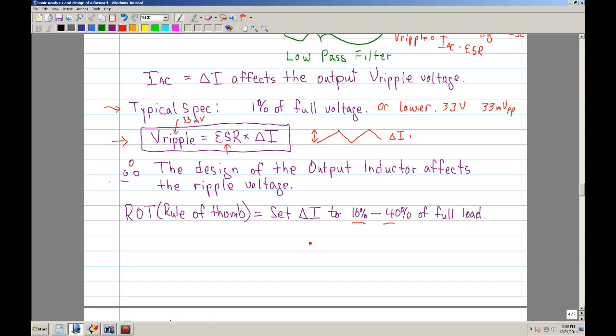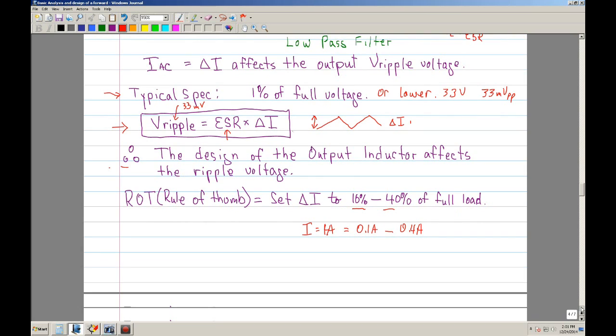Okay, so if your full load is 1 amp, we can set the current to anywhere from 10%, which would be 0.1 amp, all the way to 0.4 amps.